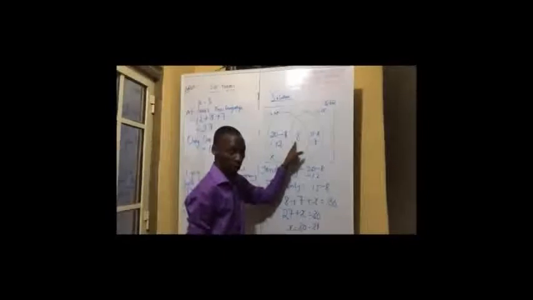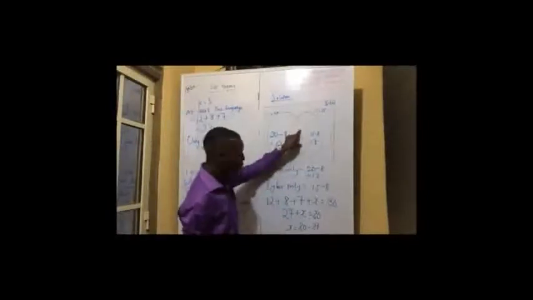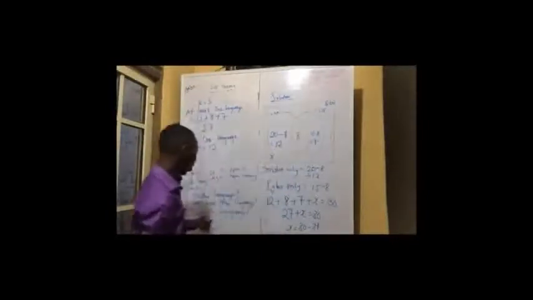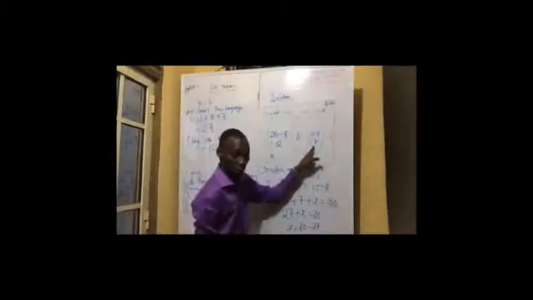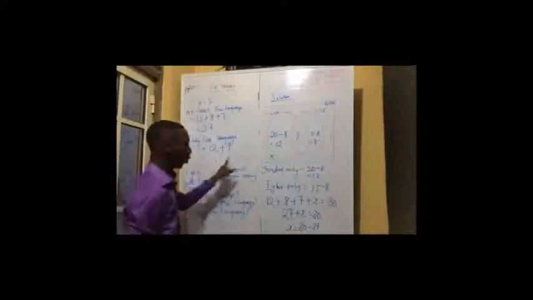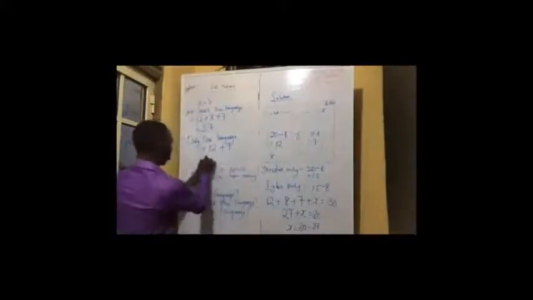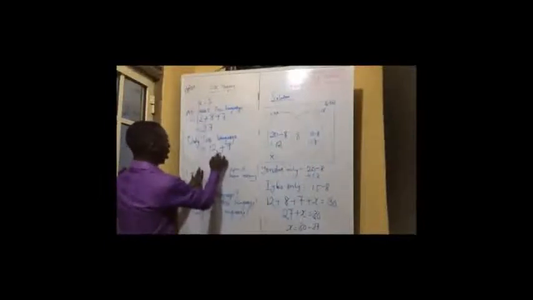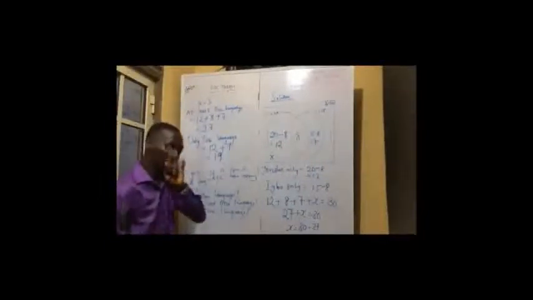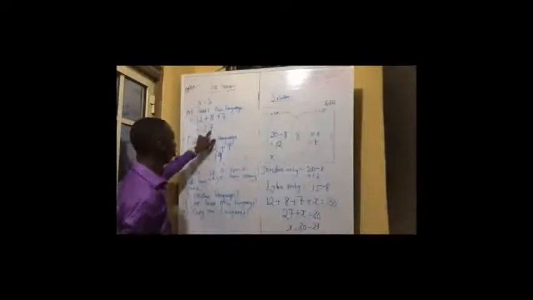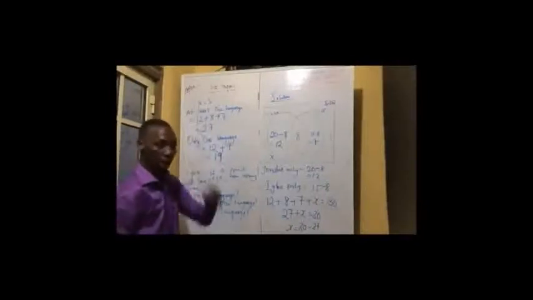This one is not one language. This is two languages, so we can't include this. We are talking about one language here. This is one language, Igbo only, plus 7. We can also include these 3 because they are not speaking anything. So that will be 19 people. So 19 people speak only one language, while 27 people speak at least one language.